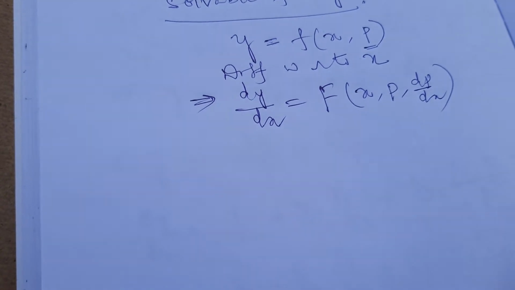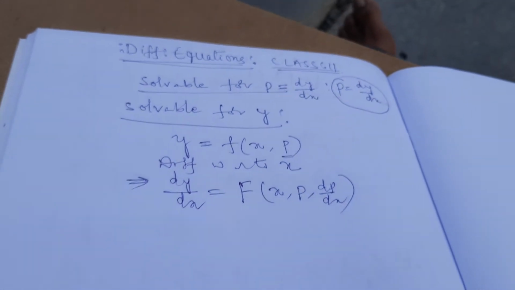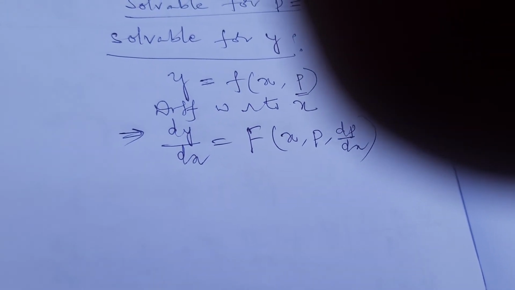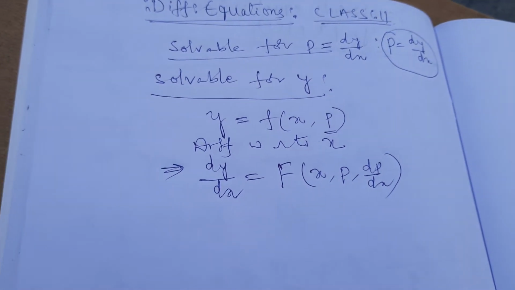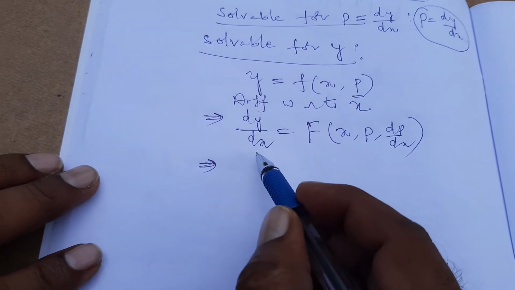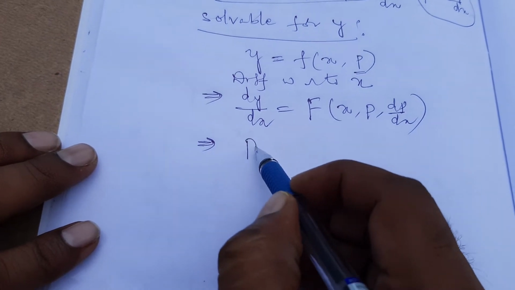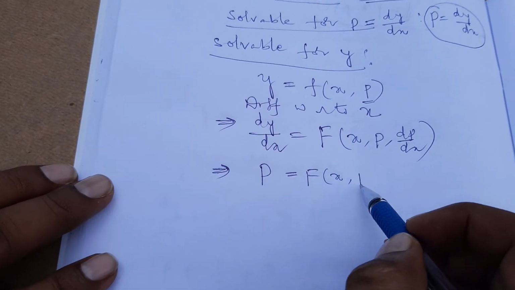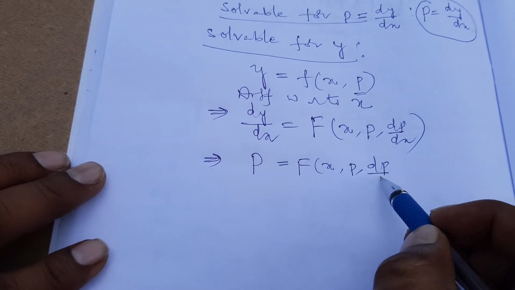But here, if you observe, it is dy by dx. What is dy by dx? Nothing but p. Then p equals capital F of x comma p comma dp by dx.